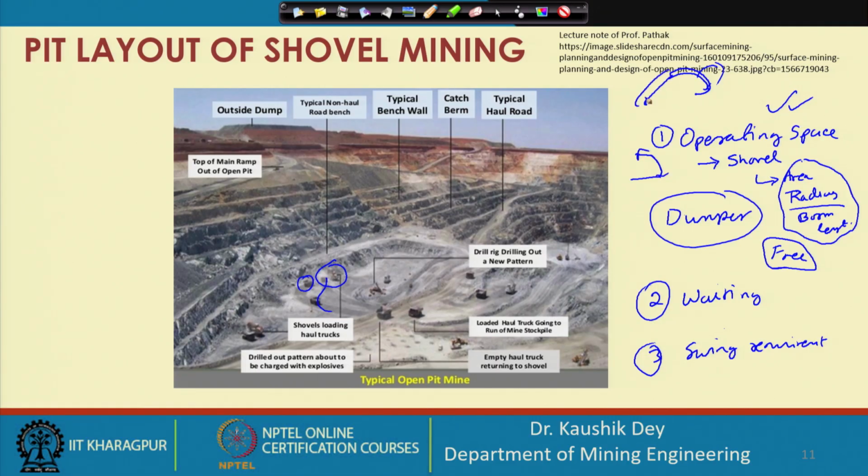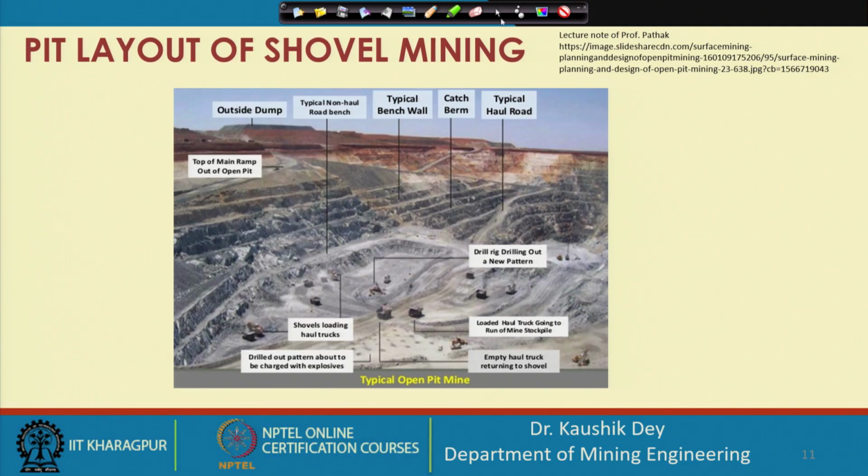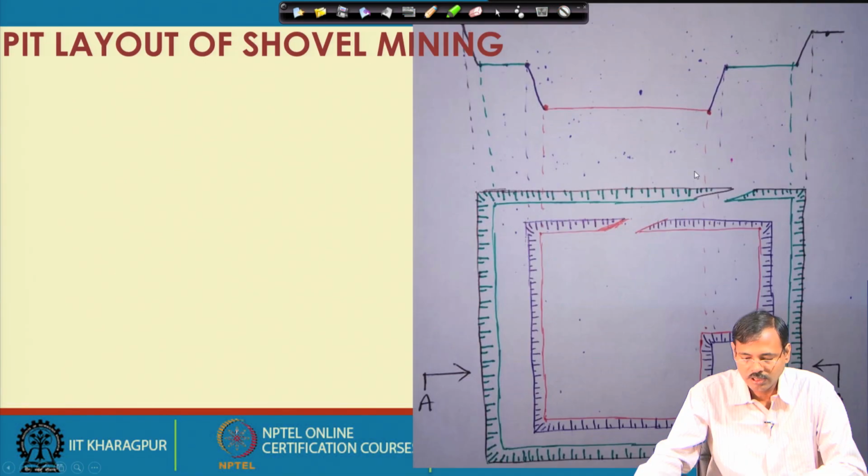Swinging is assumed to be close to 90 degrees, but it can be up to 180 degrees also. 180 degrees means additional, unwanted swinging, so we can restrict it to 90 degrees. That is the third objective. So, these are the objectives of designing a pit layout.